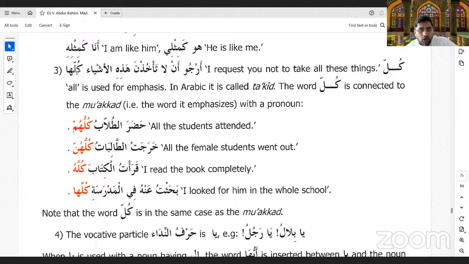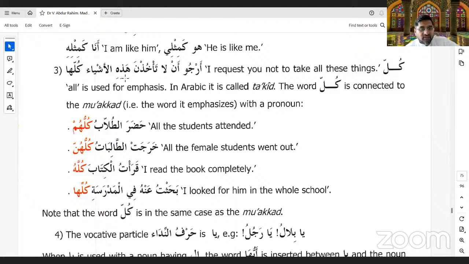But whenever the word kul comes, like even in the Quran, kulluhum, it comes as a means of emphasis, making it clear for the listener that it was not a few individuals, but the majority. So this comes as emphasis, and it follows the same harakat of the previous noun.